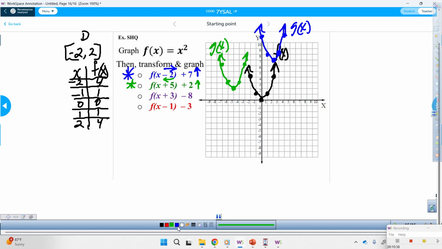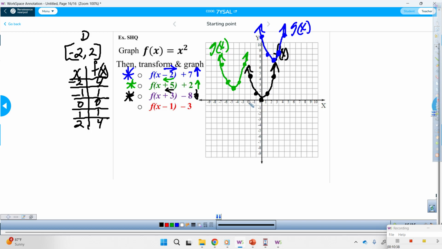All right. Let's go with the purple one. Tell your neighbor where we're moving the purple one, and Julian's going to pass them one. Autumn, where are we going to move that to? Down 8 and to the left 3.